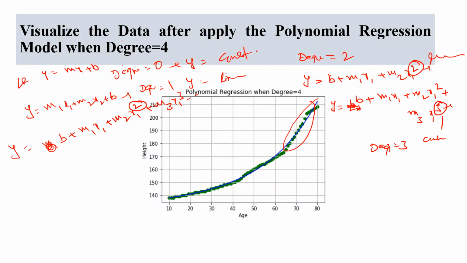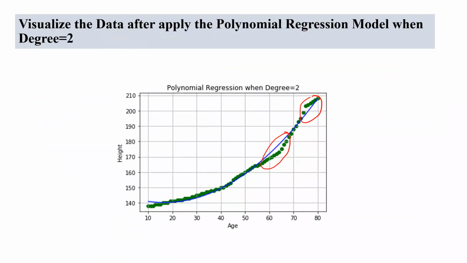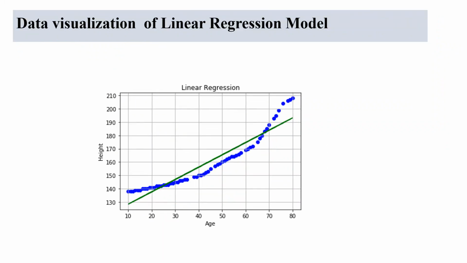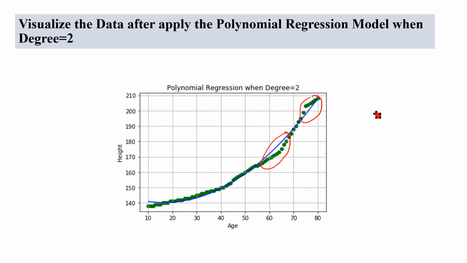If you see, in degree 2 this curve is nothing but the quadratic curve. This curve is called the quadratic curve.